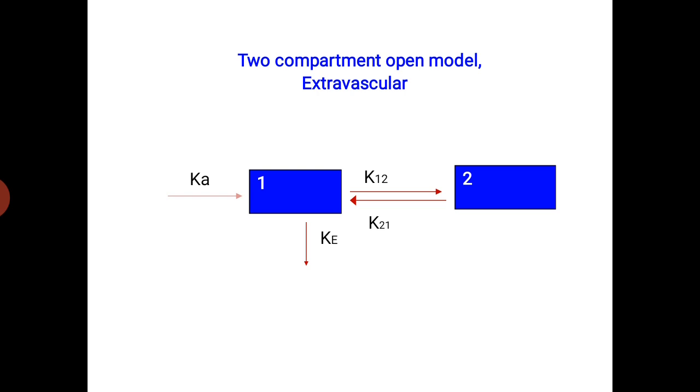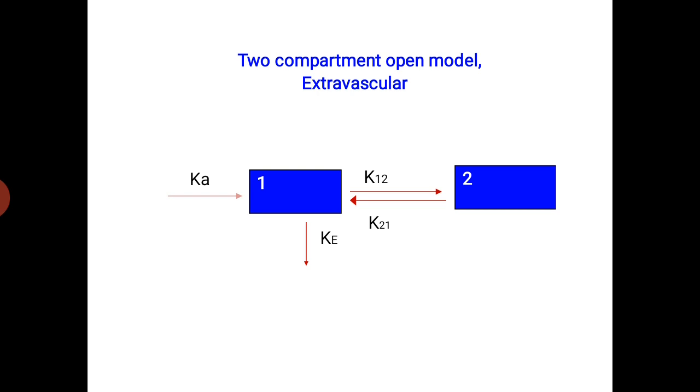So we have four processes. I am repeating, the equation is: dX/dt is equal to Ka Xa plus K21 Xp minus K12 Xc minus Ke Xc.